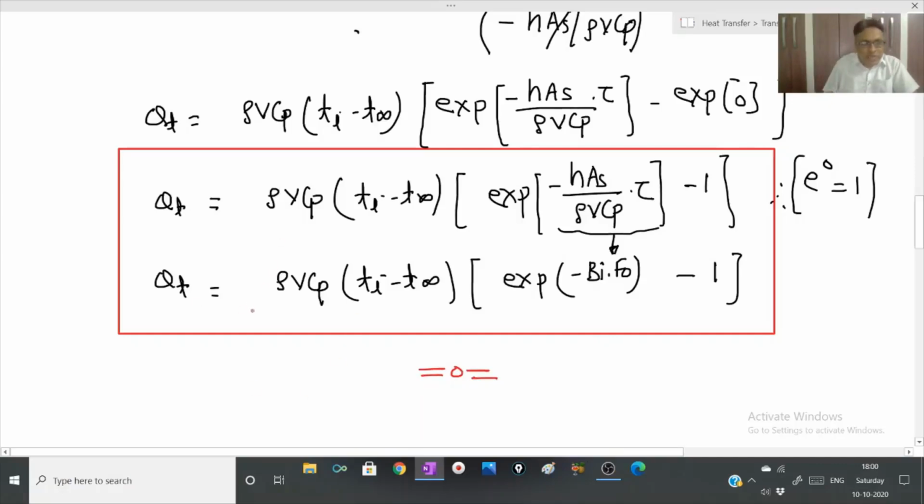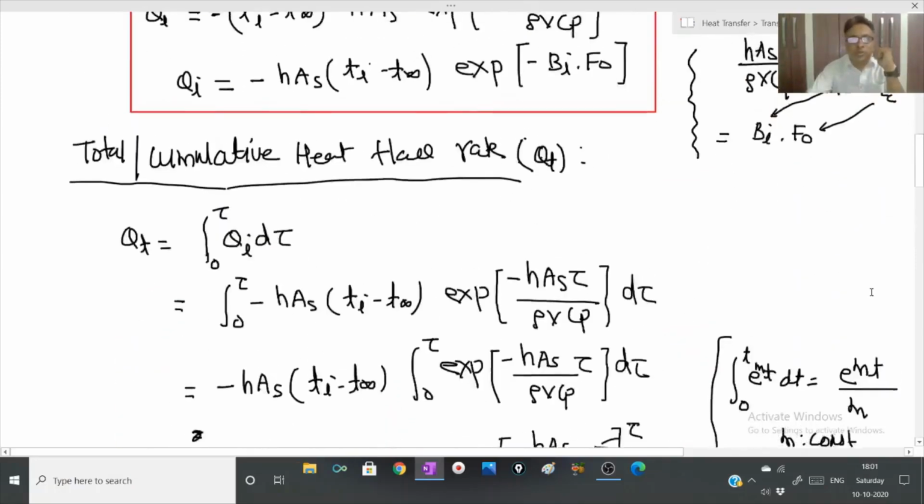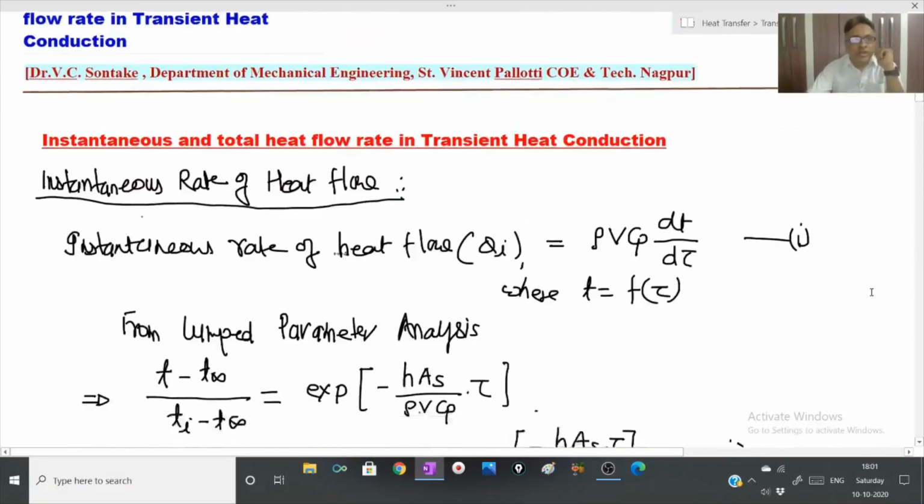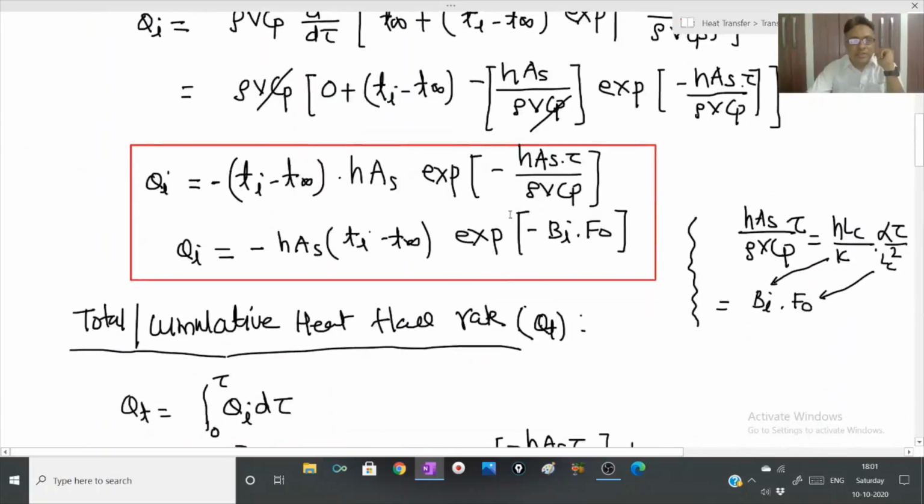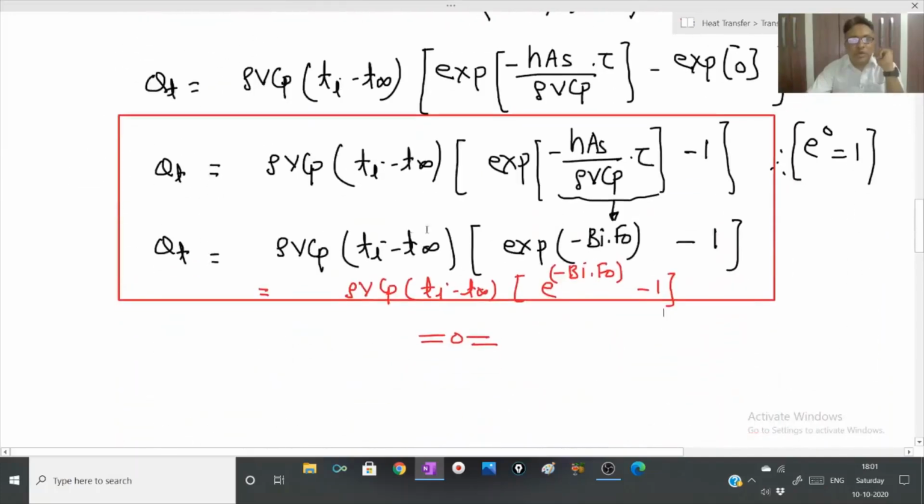I can also write it in another fashion for your understanding: rho V Cp Ti minus T infinity, e to power minus Biot number into Fourier number, minus 1. So this way I can calculate instantaneous heat flow rate and total heat flow rate.